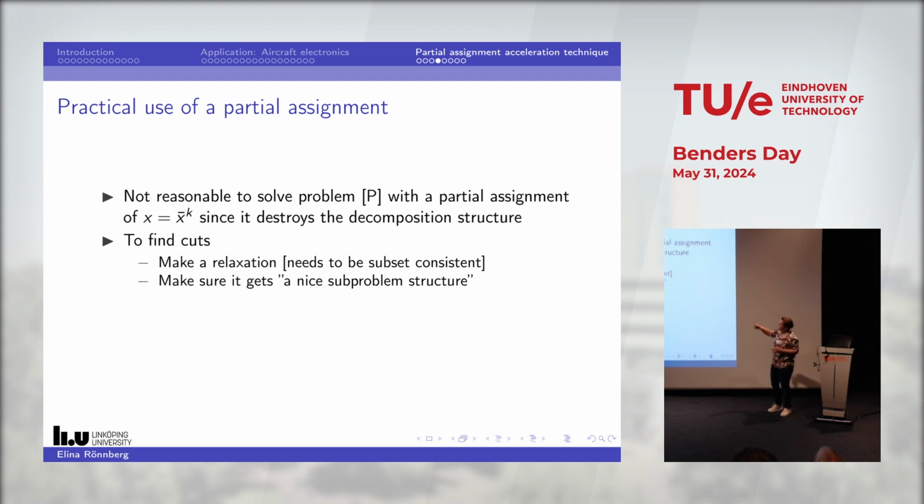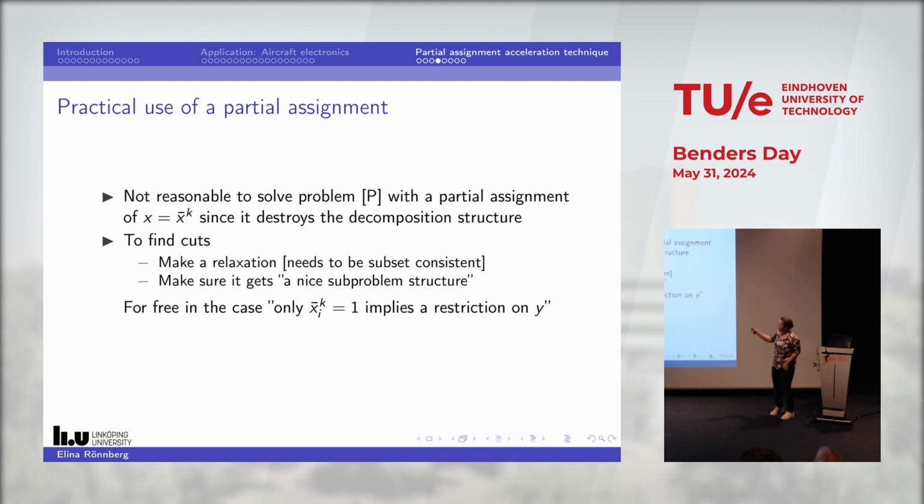So instead, to find cuts, I can make a relaxation of the problem in a way that's subset consistent, meaning that if I have two subsets and look at their respective relaxations, and one is a subset of the other, this problem needs to be a relaxation of that one. And do it in a way so that I get a nice subproblem structure.